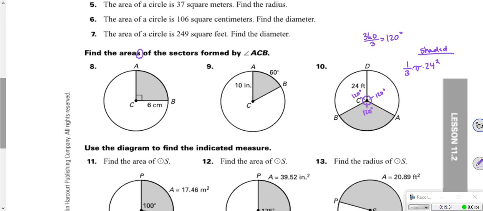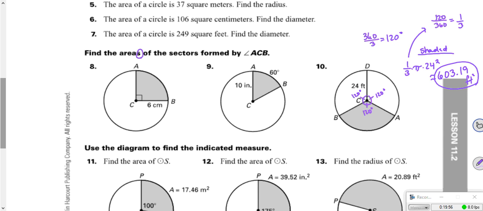Again, let me point out that the 1/3 comes from 120 over 360 reducing to 1/3. If I poke that in a calculator, I get approximately 603.19, and this should be feet squared.